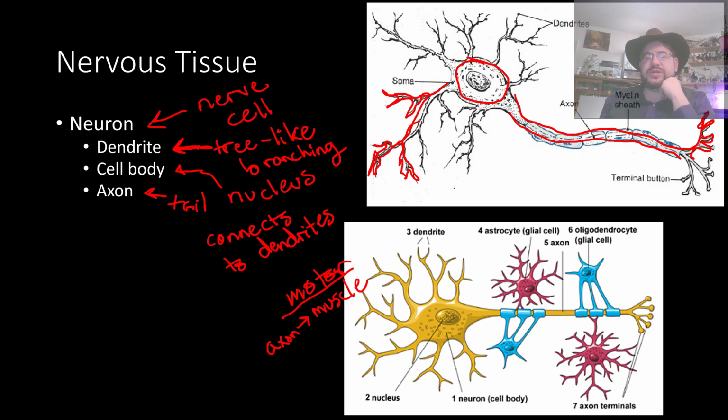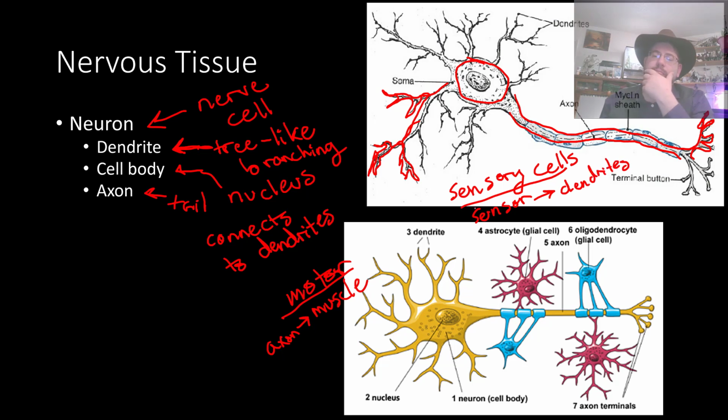And then with sensory cells, right? The sensor, whatever it might be, the specialized cell that senses whatever, connects to the dendrites. And then to the cell body, and then to the axon, and then to nerves. So, anyway, nervous tissue is really cool.